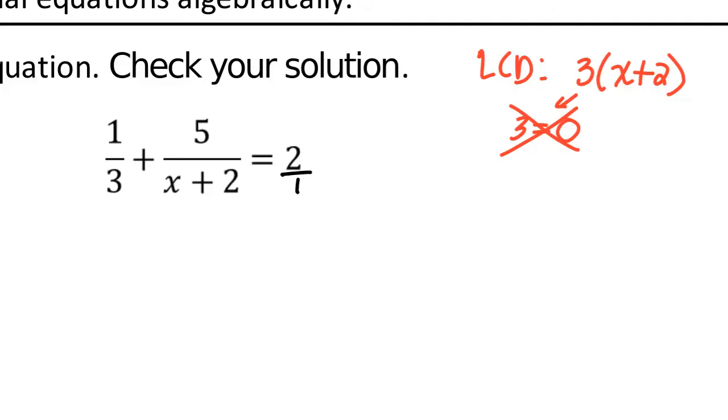So there's no excluded value for that one, okay? But for this x plus 2, I'm going to switch the sign so that x cannot be negative 2, okay? So my excluded value, my x cannot equal negative 2 at the end.